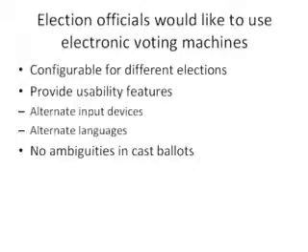Given all these kinds of problems, why do we want to use electronic voting machines? The reason is that there are also a number of advantages. First of all, they can be more easily configurable for different elections than physical voting machines, where you may have different kinds of contests. For instance, you could have a contest where you rank candidates, not just select candidates, and with an electronic machine you just have to update the software.